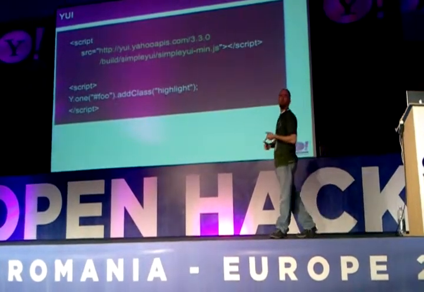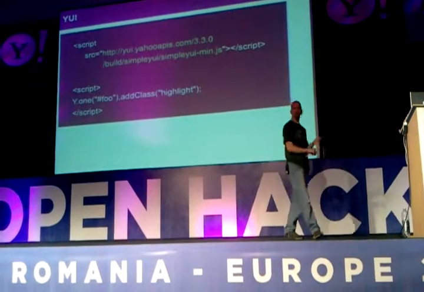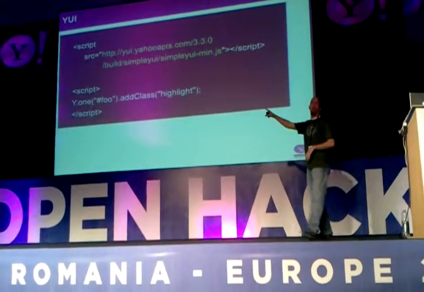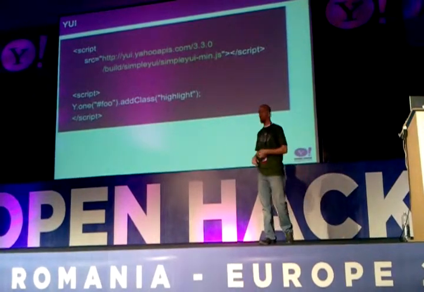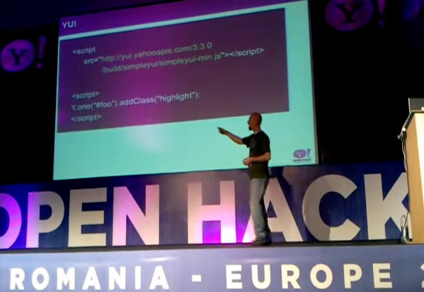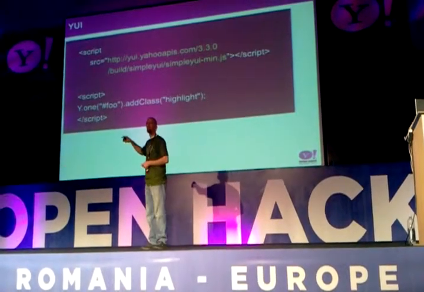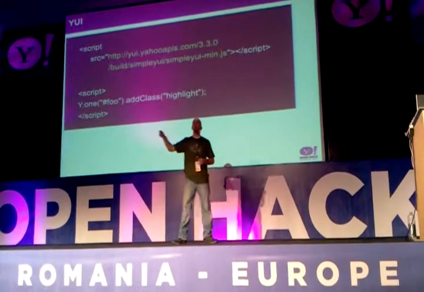So you have DOM manipulation, navigation, event subscriptions, AJAX, JSON parsing, things like that. It's all bundled into this one script, and you have this big Y where all your API methods live, this local Y object. And here you'll see one of the heavy hitters for the API is the one method, and that takes a CSS selector.